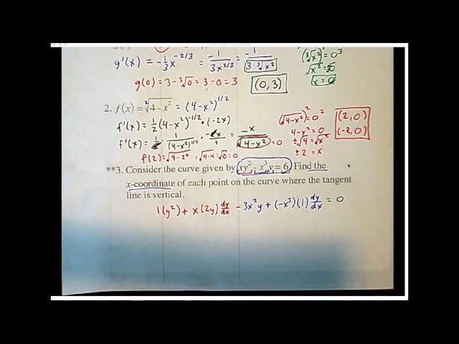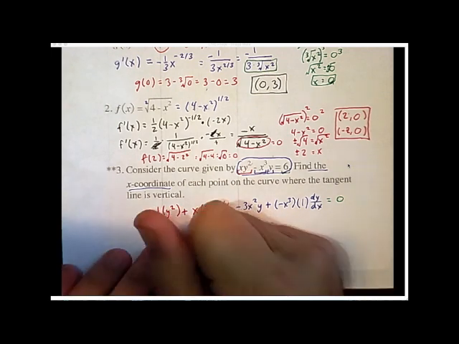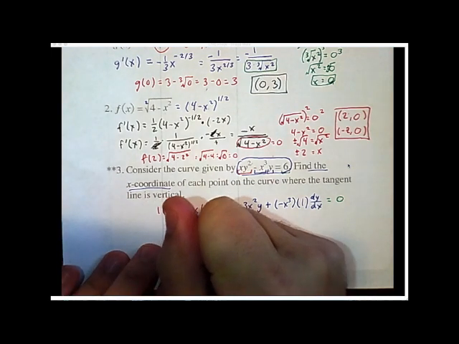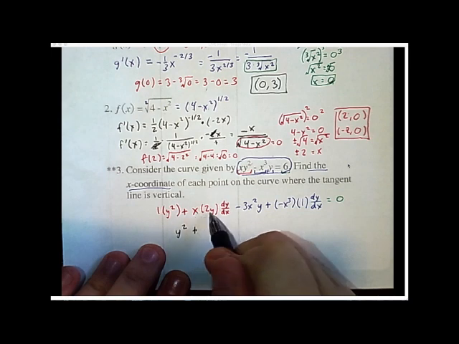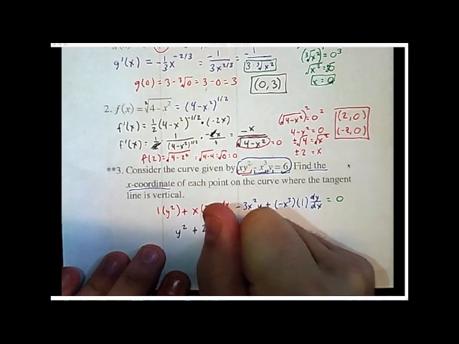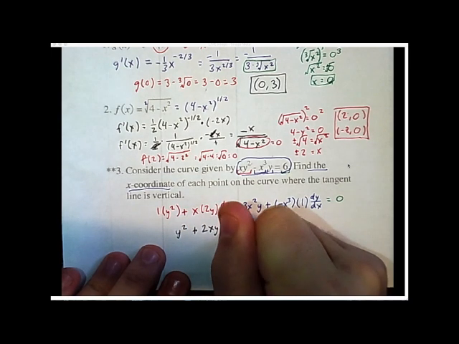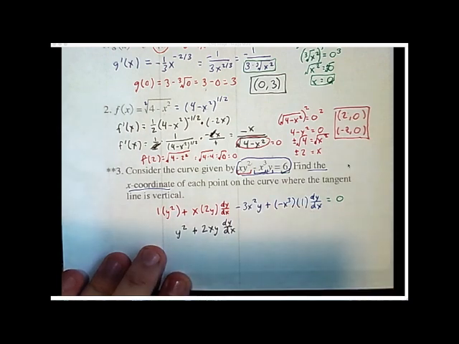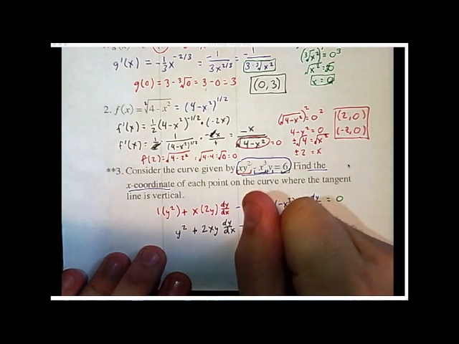Right. So if we rearrange some stuff here, let's just kind of rewrite this. I have 1y squared, that's just y squared, plus x times 2y is just 2xy, dy/dx. Then I have a minus 3x squared y.